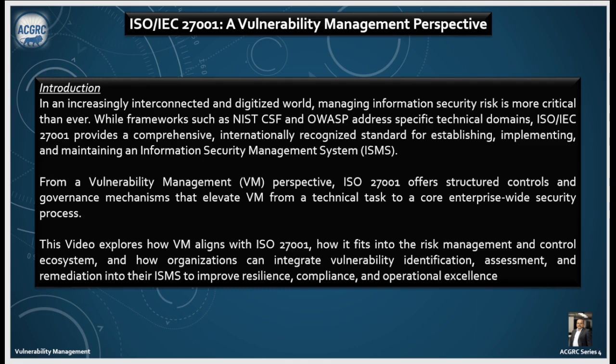ISO 27001 is a globally recognized standard for information security management. It helps organizations build a systematic process called the Information Security Management System, or ISMS, to identify, manage, and reduce the risk to information assets.